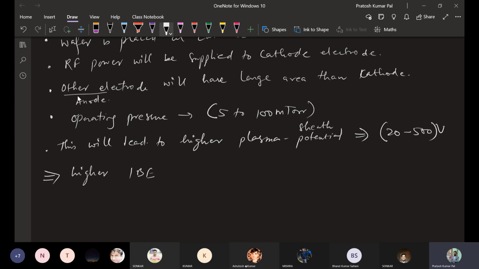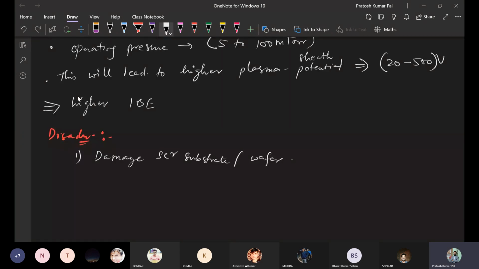So there are some disadvantages. The disadvantage is that it will damage the substrate, or we call it the wafer, because it has high bombardment energy.